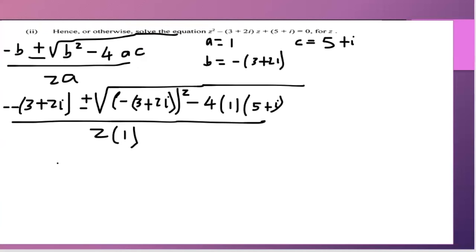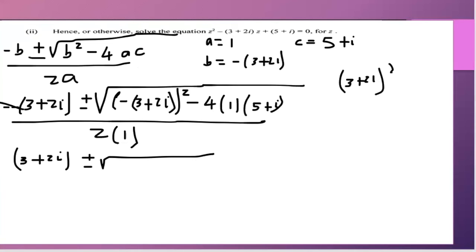This is a time to simplify, so this is going to be positive, so I'll have 3 plus 2i. Underneath the square root, within the bracket where I have all squared, the negative is going to turn to positive. But I have (3 plus 2i) all squared. It means I'm going to expand this twice.